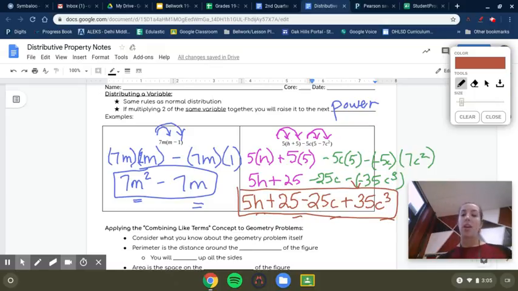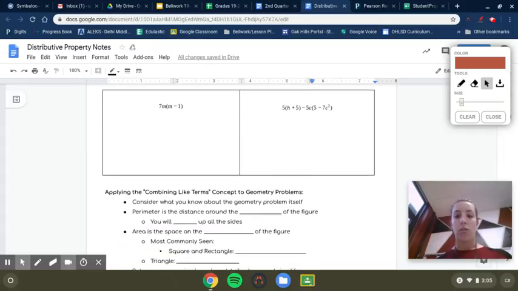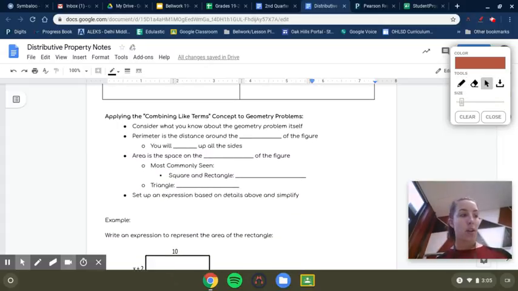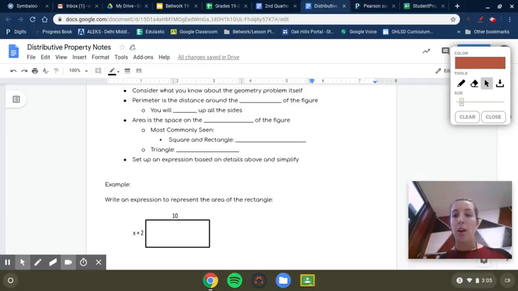Okay, then we are going to go down to applying the combining like terms concept in the geometric problem. So I'll show you what I mean here. We are going to consider what you know about the geometric problem itself, okay? Remember, perimeter is the distance around the outside of a figure.